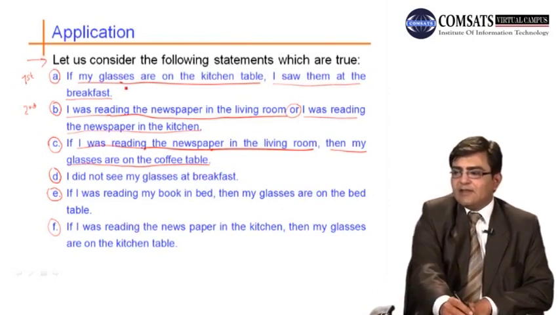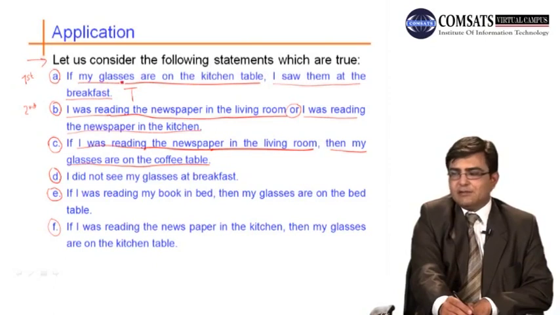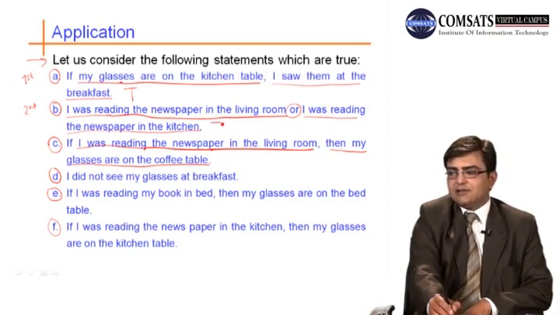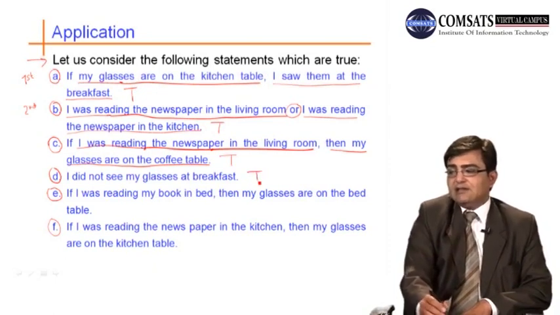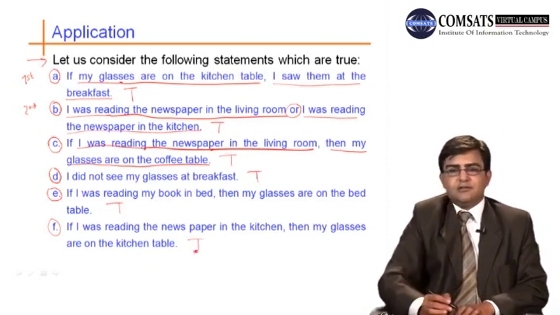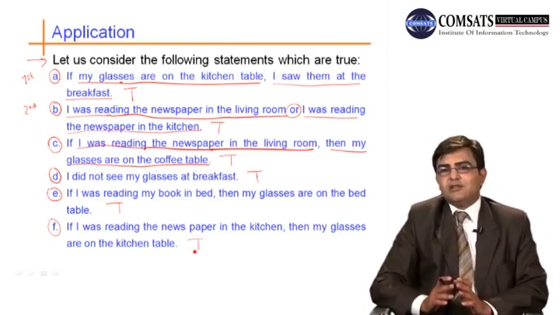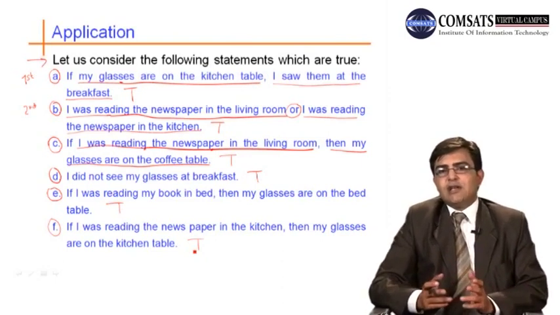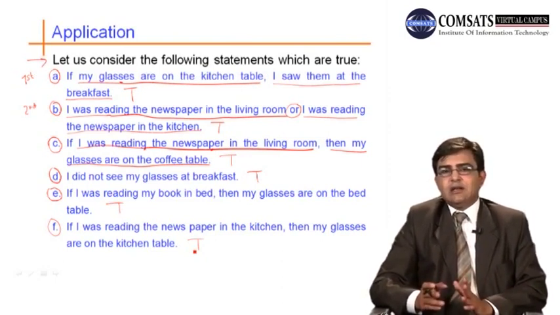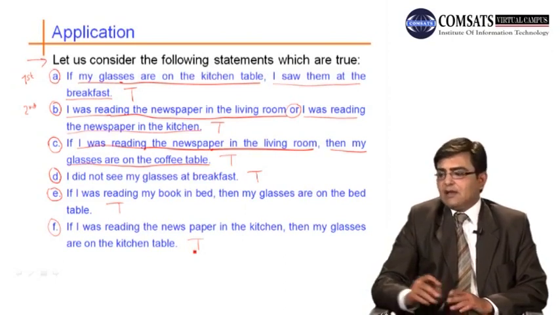This assumption is true, this assumption is also true, and so on. So these are our premises, and now using logic we have to draw a conclusion about where he forgot or where he put his glasses.